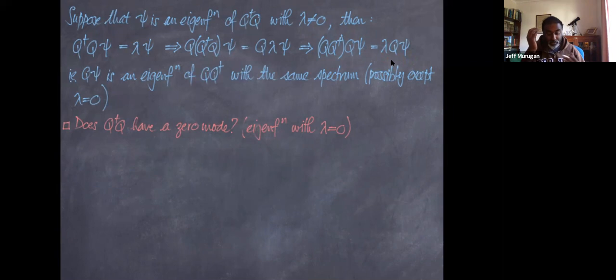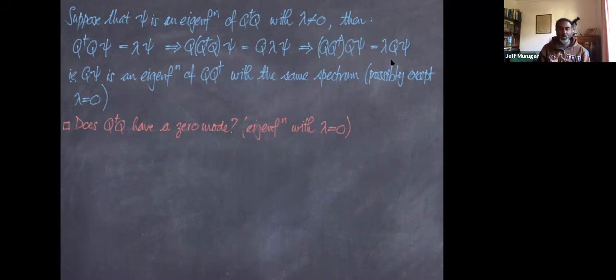In other words, if I read this as an equation in words, this says that q dagger acting on whatever this guy is, q psi, it's another vector, is just lambda times the vector q psi. In other words, the vector q psi is an eigenfunction of q dagger, also with eigenvalue lambda.